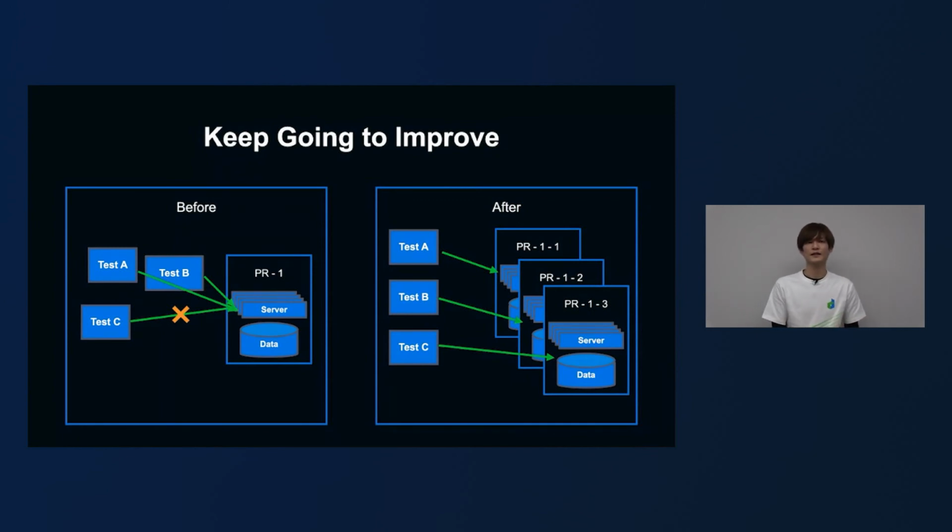However, for a single pull request, a single service is deployed. So, in multiple tests, if you have multiple changes to values in the database or the states, we see conflicts between tests, resulting in the failure of the automated test.